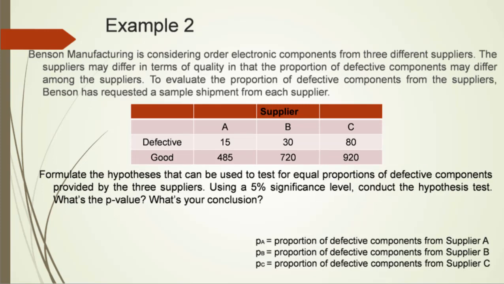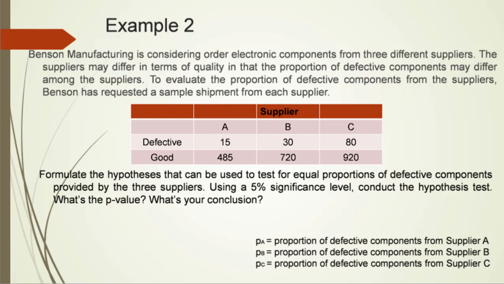Example 2. Benson Manufacturing is considering ordering electronic components from 3 different suppliers. The suppliers may differ in terms of quality in that the proportion of defective components may differ among suppliers.